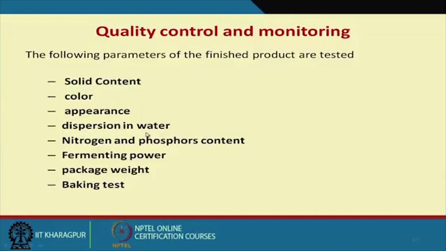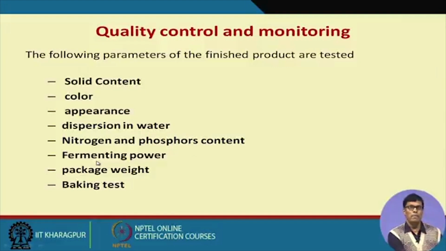So naturally, unless the quality of your raw materials is maintained and process control is maintained, you cannot expect better quality of product. So this is judged on the basis of solid content, color, appearance, dispersion in water, as I already mentioned, and nitrogen and phosphorus content.